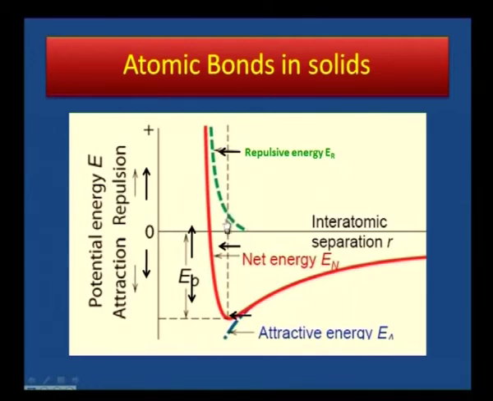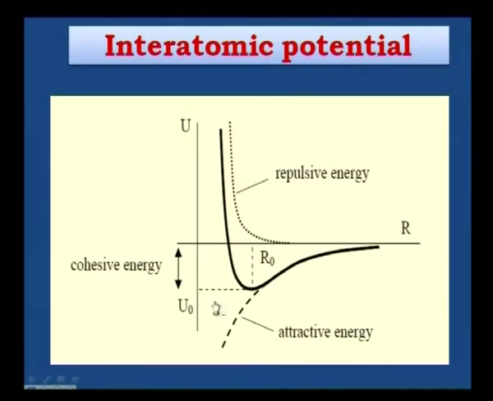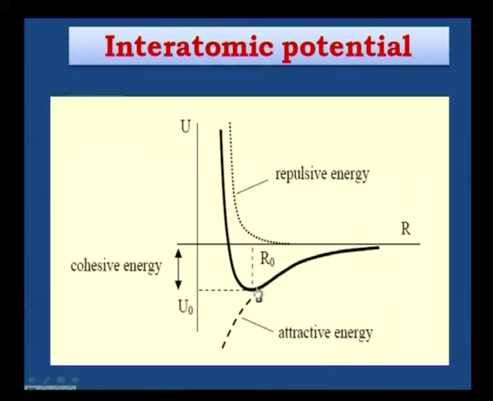The resultant of these two, the attractive energy and the repulsion: you look at this point, you have the positive repulsive part, and then the attractive part will be here. The resultant of these two will be this much, and this net energy corresponding to this distance is the so-called cohesive energy. This is the attractive part, this is the repulsive part, and this is called the cohesive energy or the binding energy, as I showed in the last lecture.